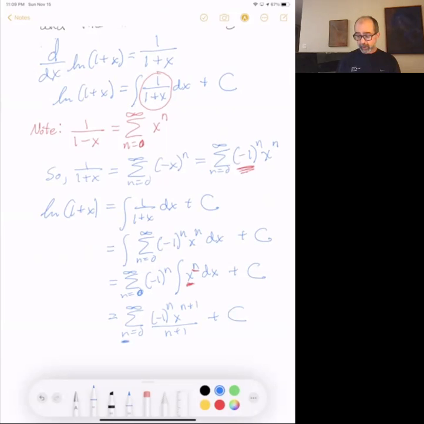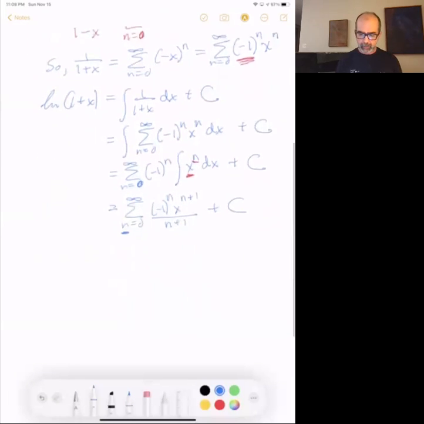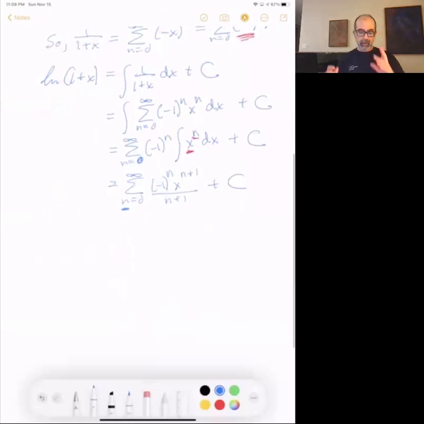When we use integration with a series, we're going to have a new constant every time. So if I integrated this again, I would have another new constant that came up. So you would say, oh, but is this done now? It's like, no, unfortunately it's not, because we have to deal with this and say, what is the constant?